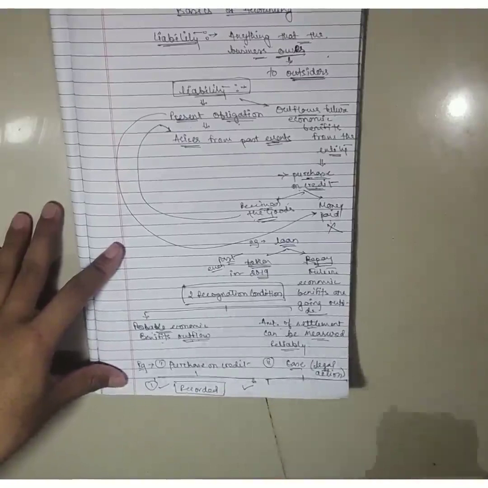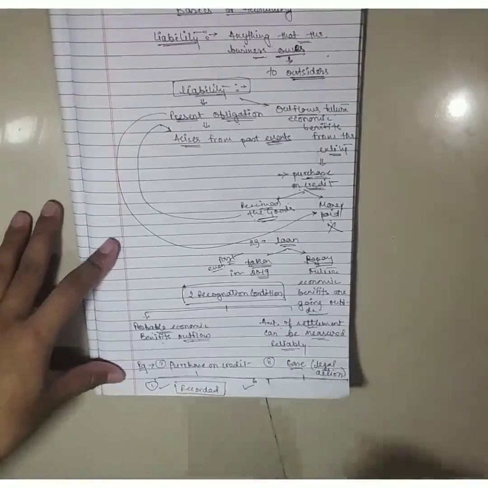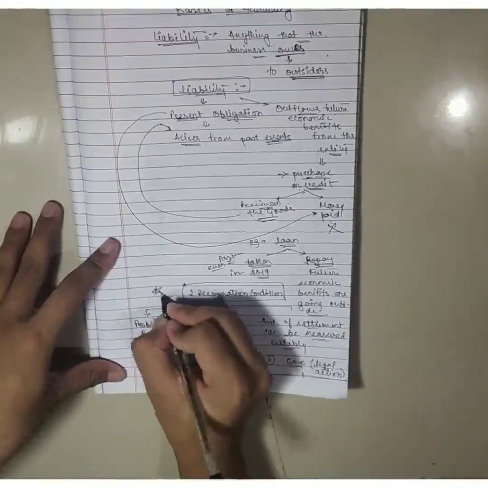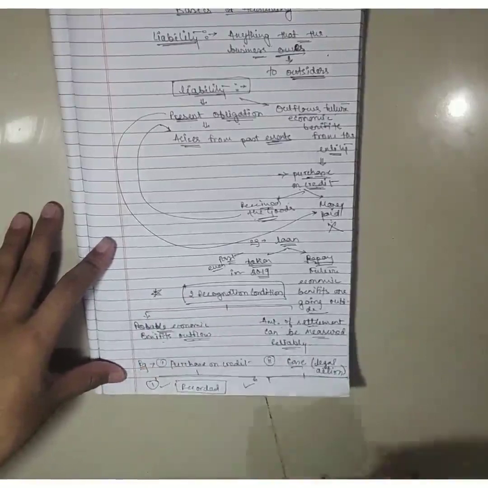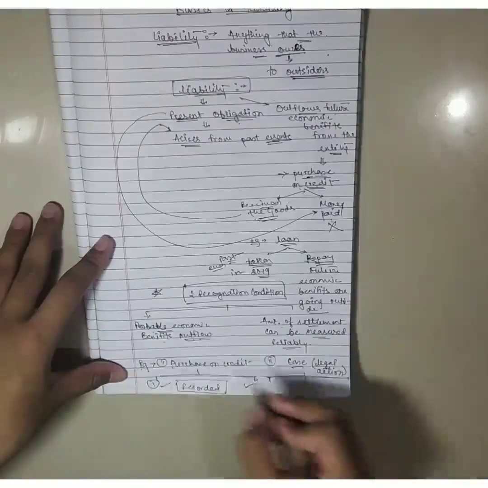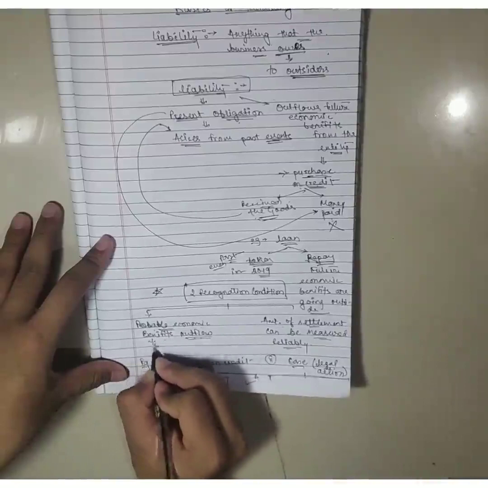But should it be recorded in the books or not? That we have to find. For that, these two conditions will help us. Probable economic benefits outflow. Yes, probable. Probable means more than 50%.